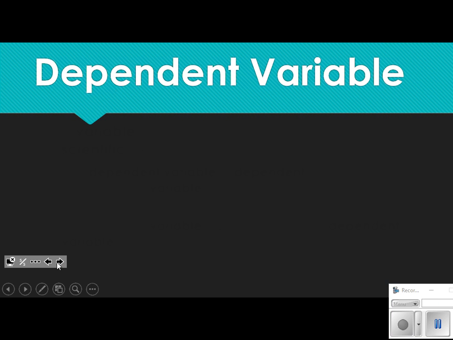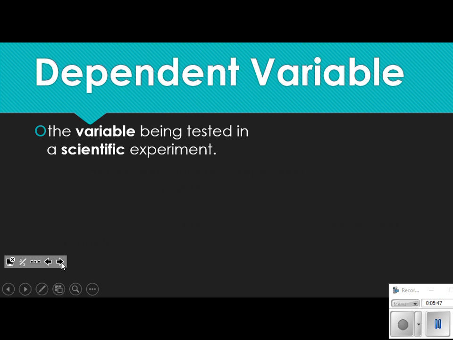The last one is the dependent variable. So open your dependent variable door. What is the dependent variable? It is the variable that is being tested in an experiment. The variable that is being tested in an experiment.